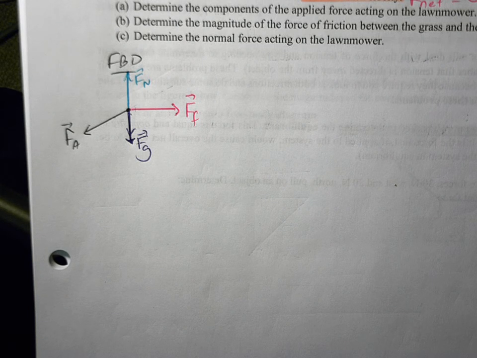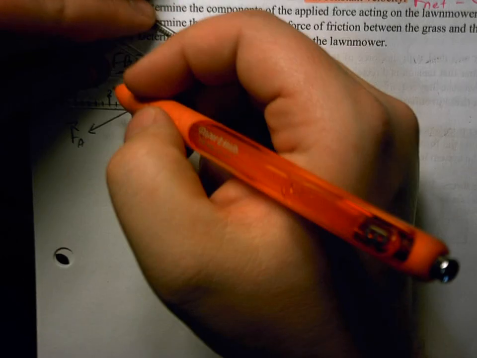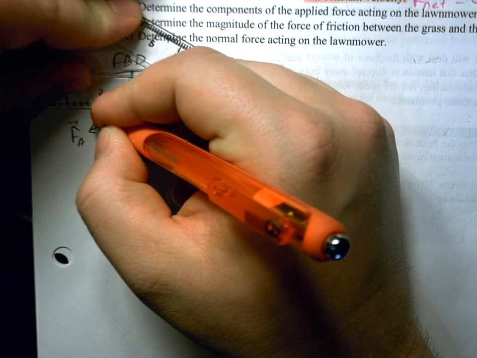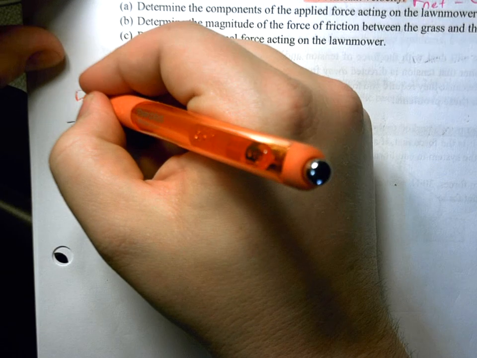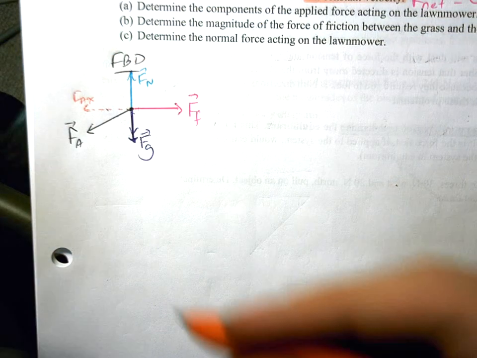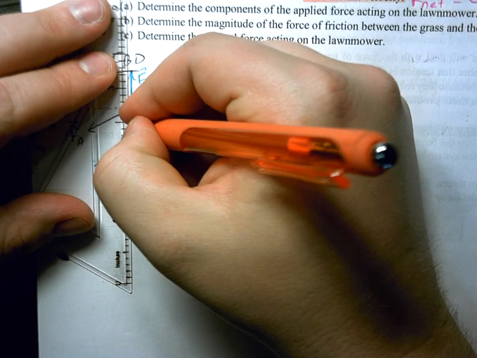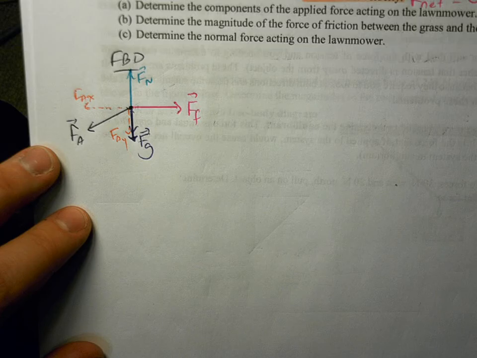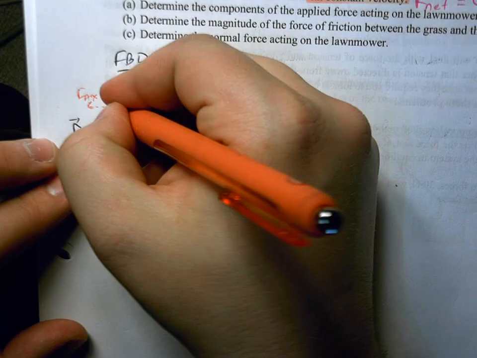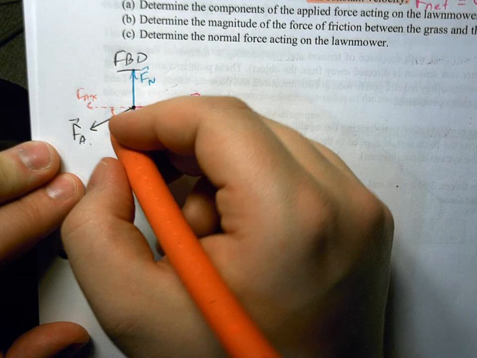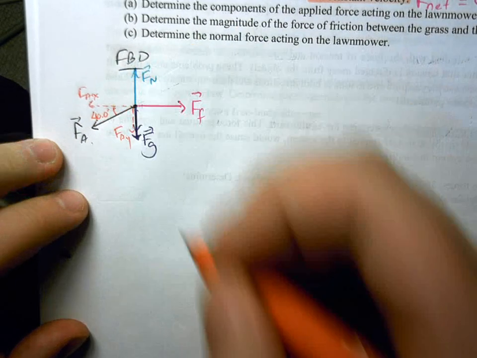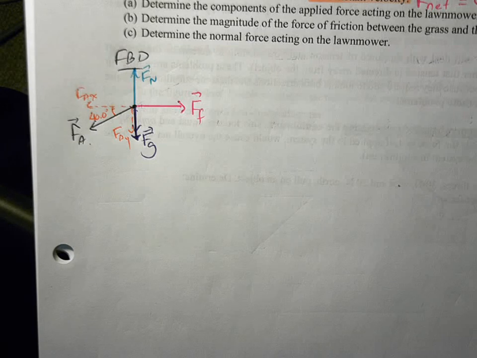It's the only one that's not in the X or Y direction. So what we should probably do is get its components that are going in those directions. So I'm going to have this component of the applied force in the X direction here. And I'm also going to have this component of the applied force in the Y direction here. So that angle here between this horizontal and this FA, that's our 40 degrees. So this is our free body diagram.